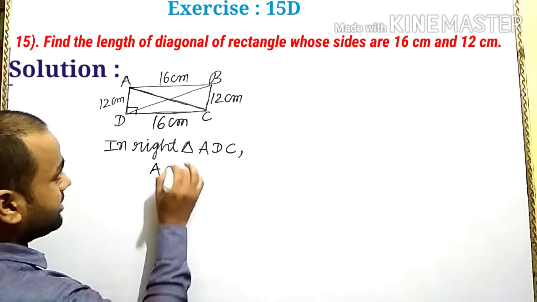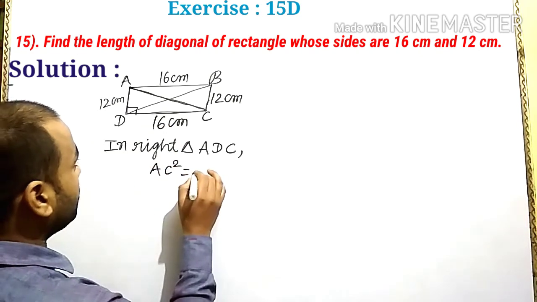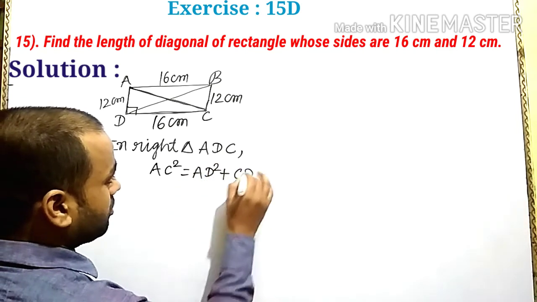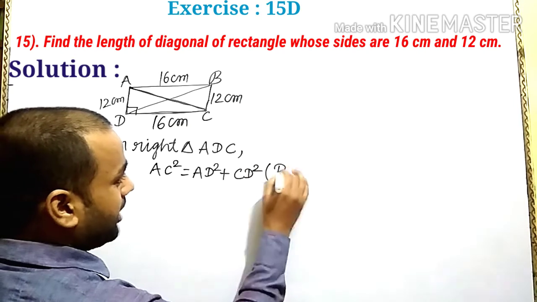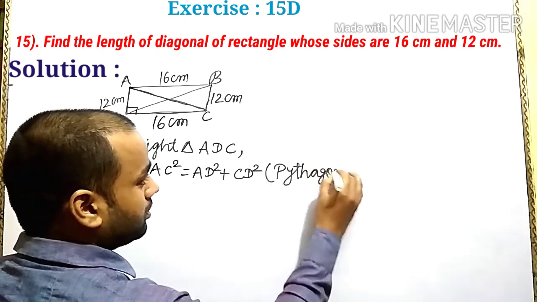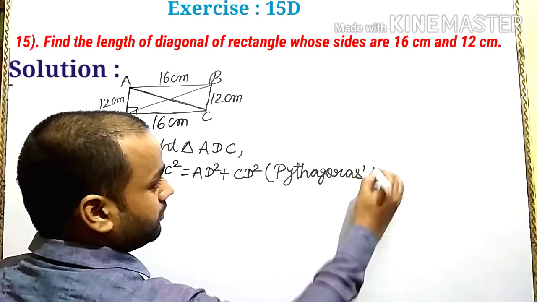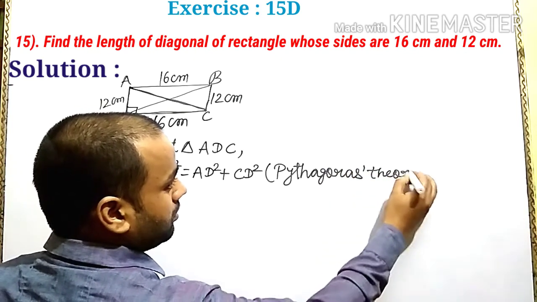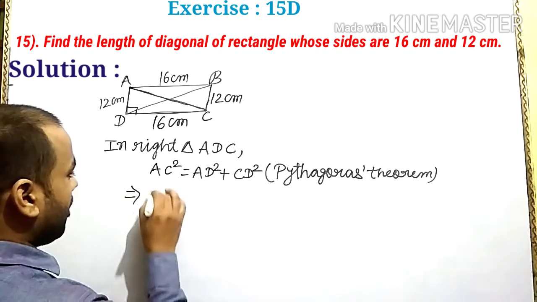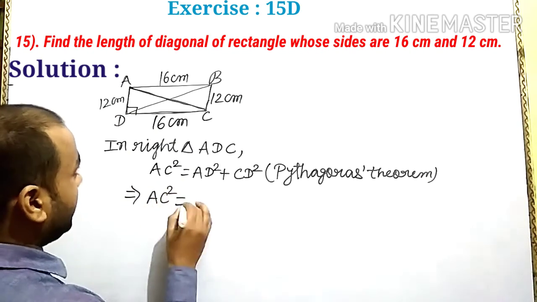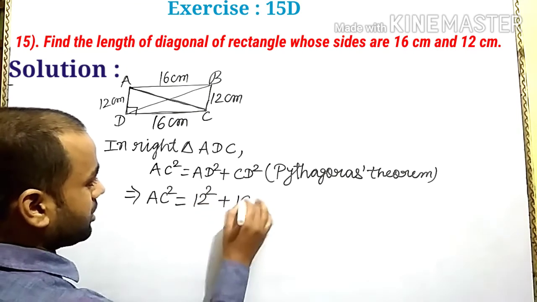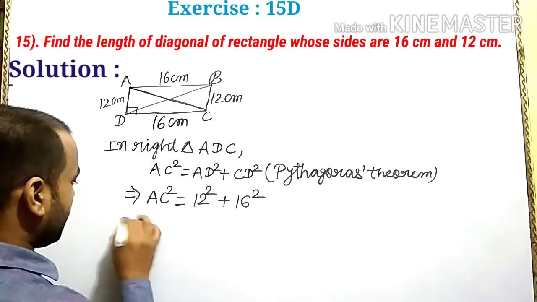We write AC square is equal to AD square plus CD square, by Pythagoras theorem. Here AC is not given. AD is equal to 12, the square of 12. CD is equal to 16, the square of 16.